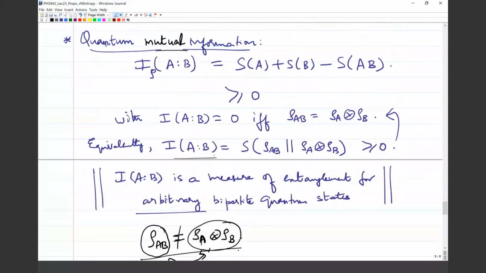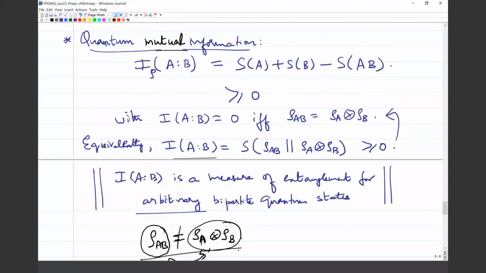Okay, so that is why the mutual information forms a nice measure of correlations in a quantum state. Sometimes people just like to use this itself as an entanglement measure, but if that's all there was to it, then the field would be over and done with, but that's not all there is to it.